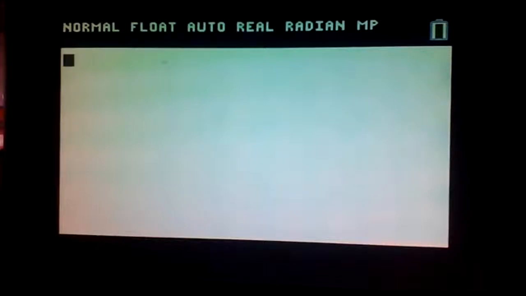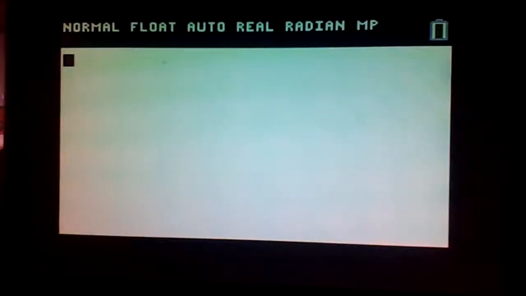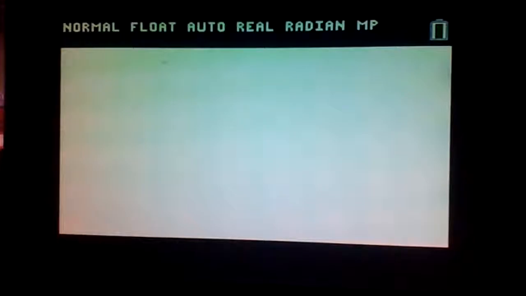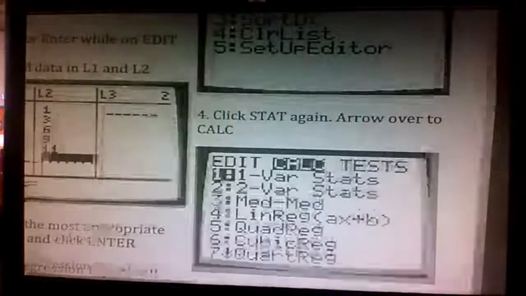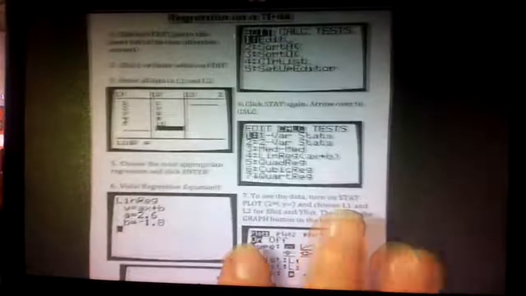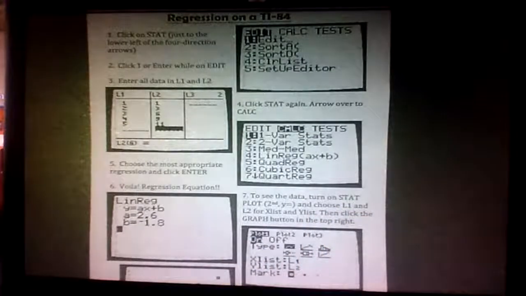Okay, what two papers? So they're two half sheets. Are they right here? Okay, so this one that you have is just a reference sheet on how to use your calculator.